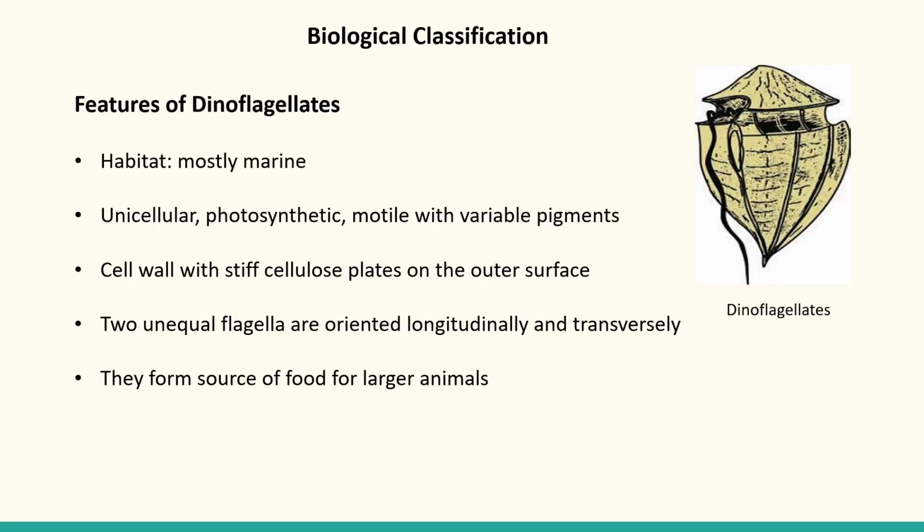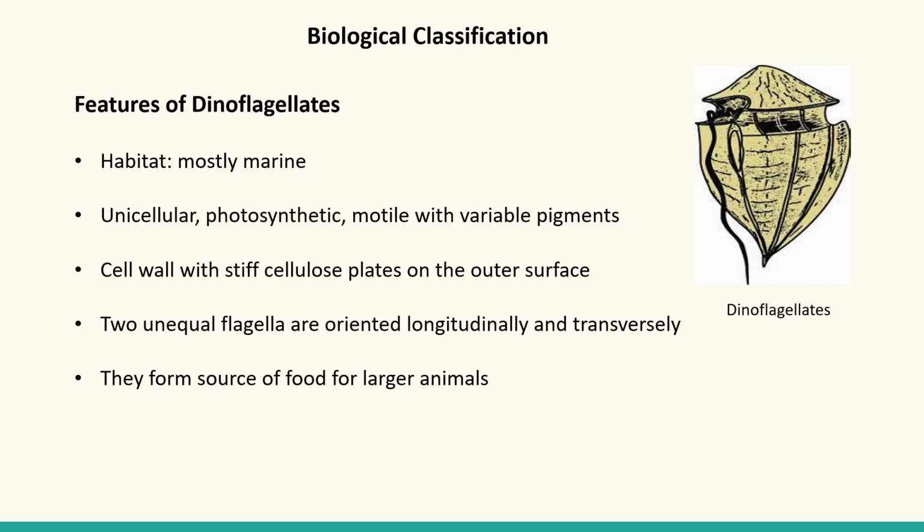Now, the second type of photosynthetic protists, dinoflagellates. They are mostly marine. They are found in the sea. Unicellular, photosynthetic, motile, and having variable types of pigments.